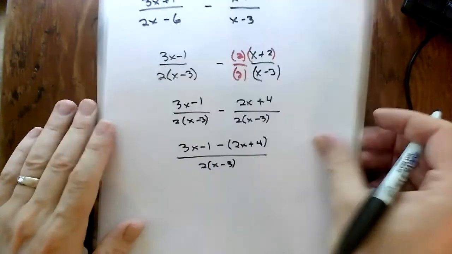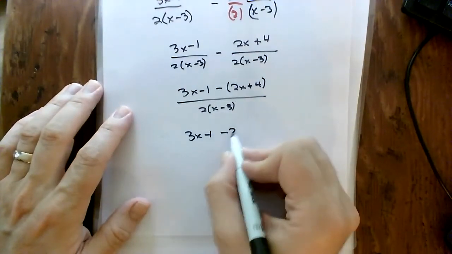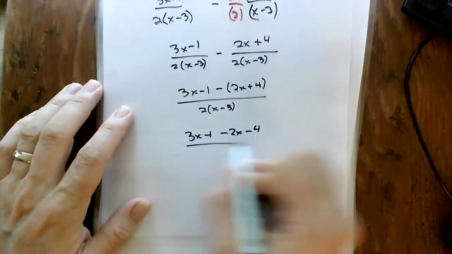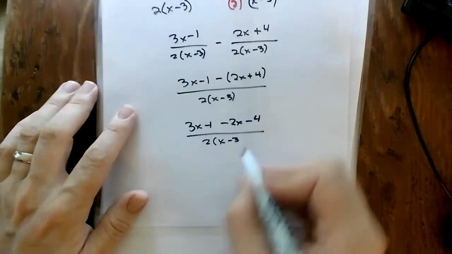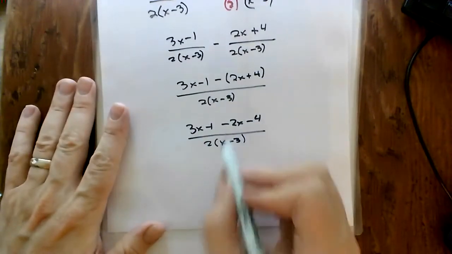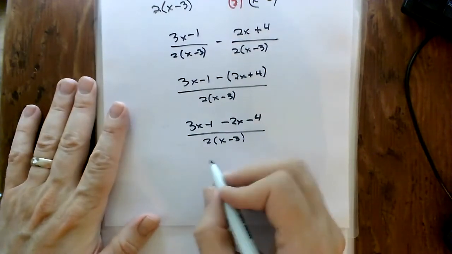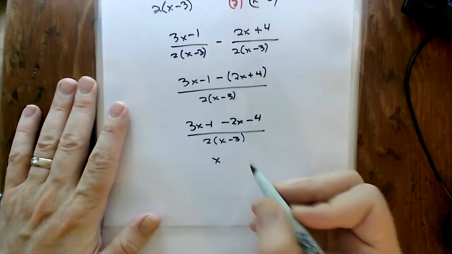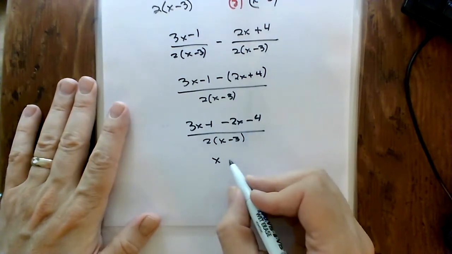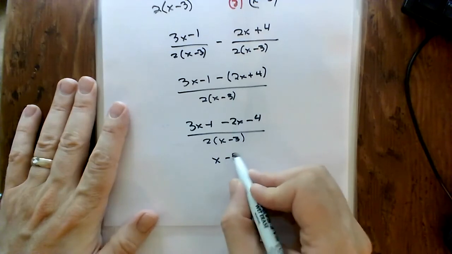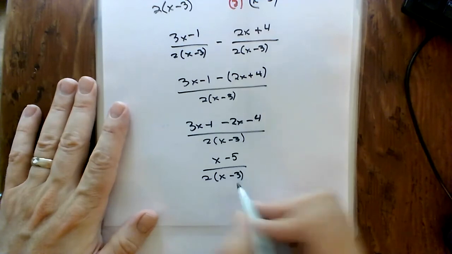So we've got 3x minus 1 minus 2x minus 4 over 2 times x minus 3. And it looks like 3x minus 2x is going to be just x. 1 minus 4 is going to be a minus 5, all over 2 times x minus 3.